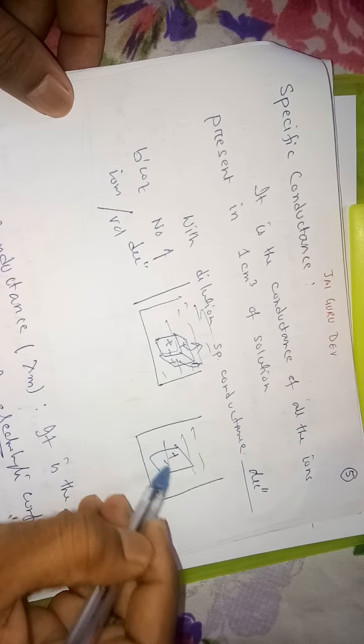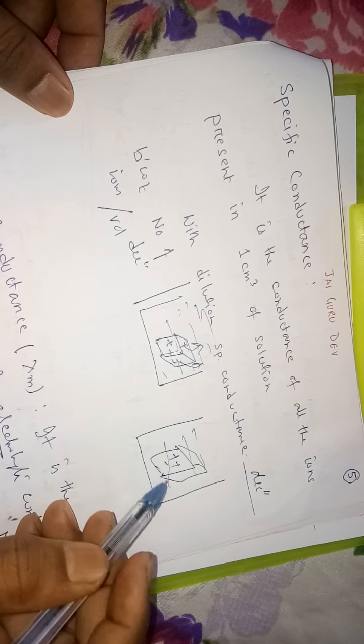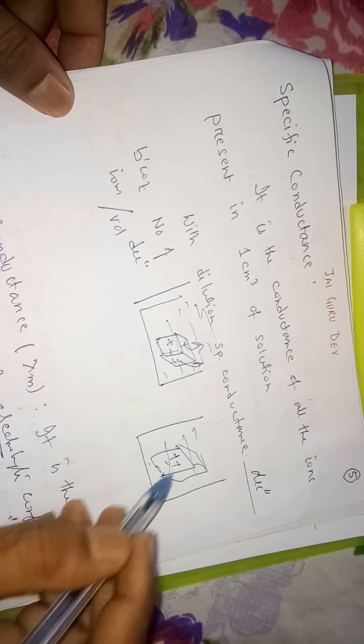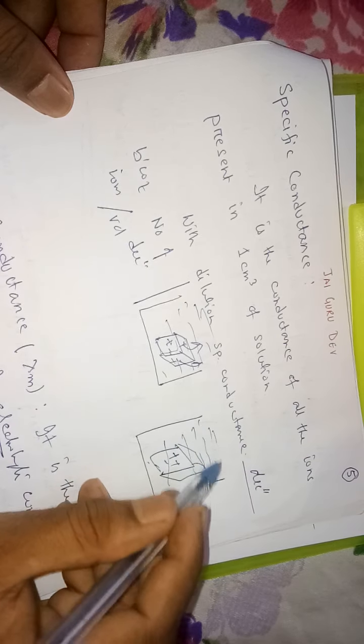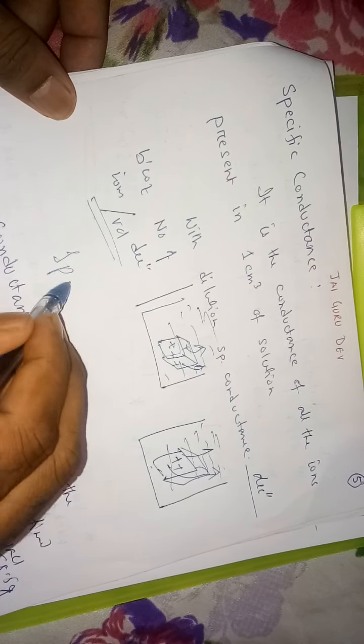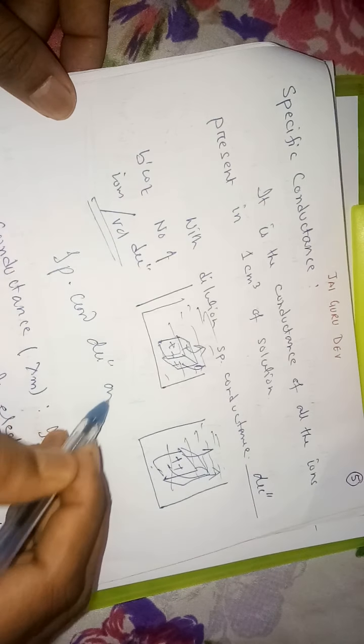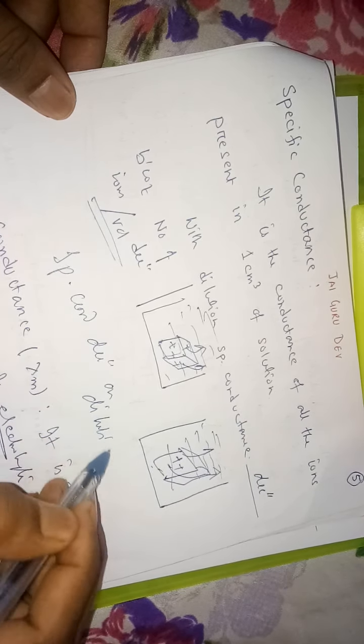Now on dilution, some ions may escape from this 1 centimeter cube volume. So there is a decrease in the number of ions per unit volume. So specific conductance decreases on dilution. So these things you have to remember.